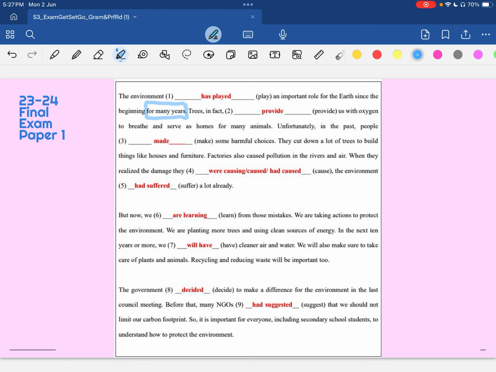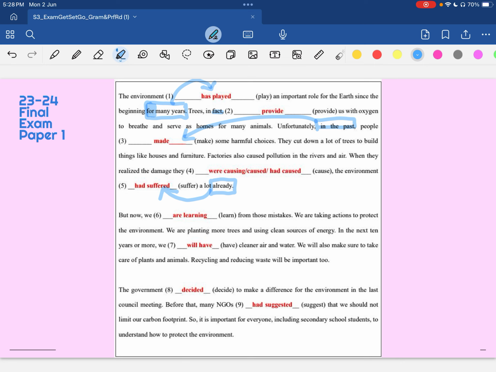For example, here, for many years, as I've talked about, for present perfect. And then the next one, fact, something factual. So it should be present tense. In the past, so you know it is past tense. Already, present perfect.